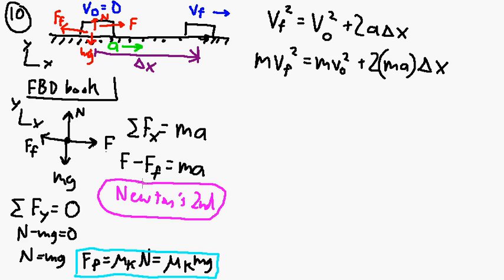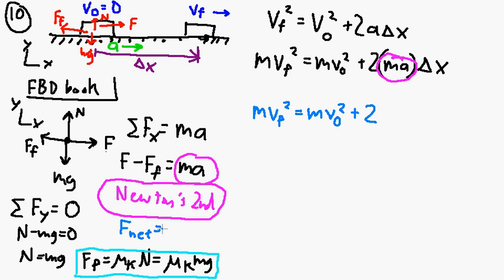So we take this equals ma and plug it in up here. There's our ma, and we're going to say m v final squared equals m v initial squared plus 2 times F net times delta x, since Newton's second law is net force equals ma.